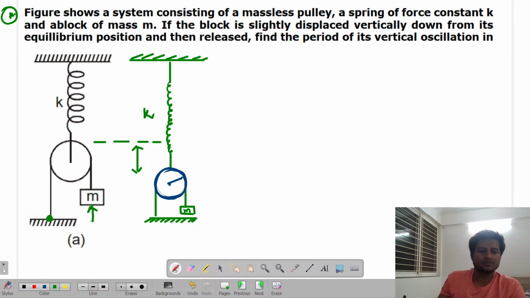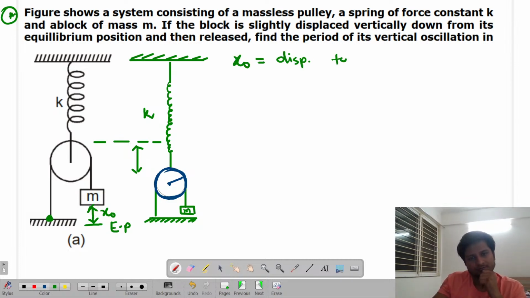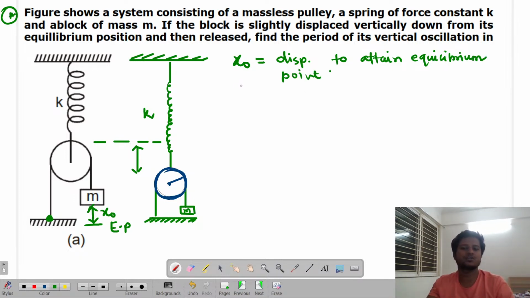So let's suppose mass m travels by x naught distance to attain which point? Equilibrium point. x naught is the displacement to attain the equilibrium point. तो ध्यान से देखो जरा, if the block moves x to attain the equilibrium, the other displacement is how much? Zero basically.